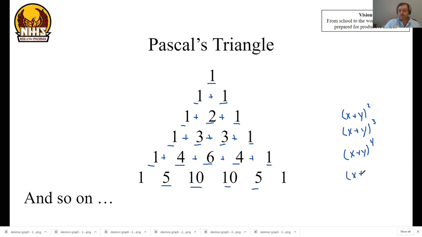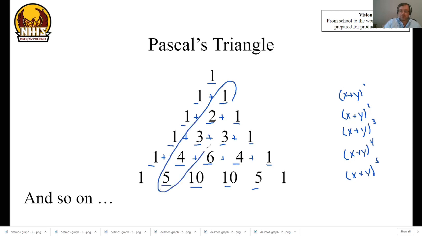X plus y to the 5th. Now, on the top one here, I'll go ahead and write for simplicity, x plus y to the 1st power. And what I want you to know is the row that I'm referring to is based upon this exponent. And if you look right here, these are your exponents.